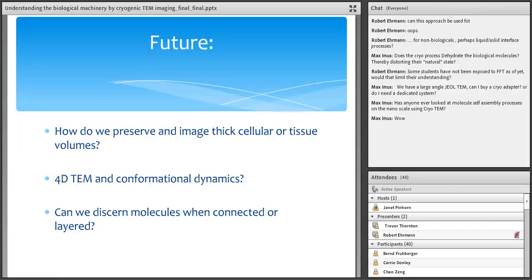Fascinating webinar. Trevor, Katya, thank you so much. I can see why so many people are getting excited about how this is going to revolutionize so many different fields. And I think there's going to be a whole new understanding of how biology works that is going to really revolutionize the world.